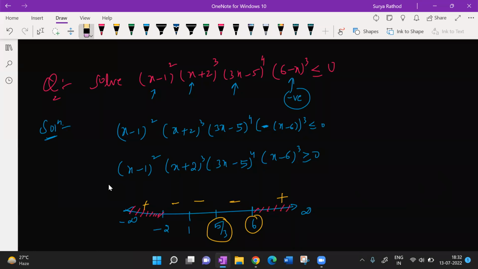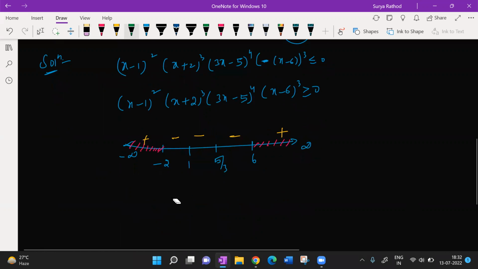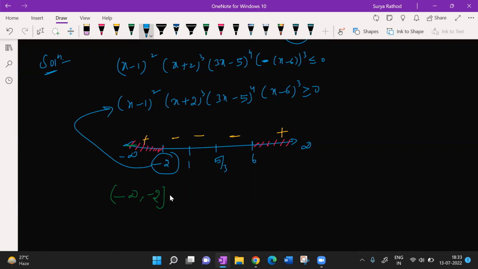Here, putting the brackets, Dipshika, look at the board clearly. Very simple. For putting the bracket, what do I have to do? I'm starting this pink colored region from minus infinite to minus 2. Minus infinite is always an open bracket, minus 2 close bracket. Why minus 2 close bracket? If I substitute minus 2 in the given expression, minus 2 plus 2 is 0, and 0 into something is 0.